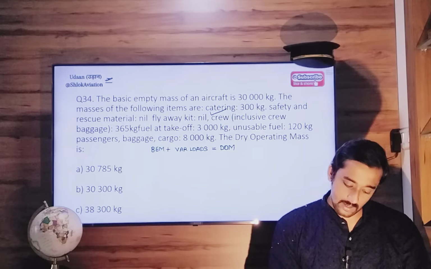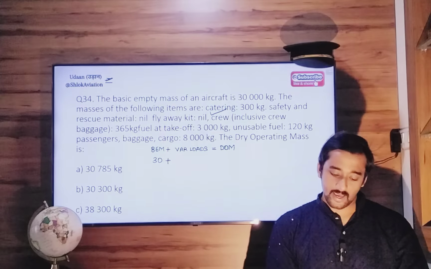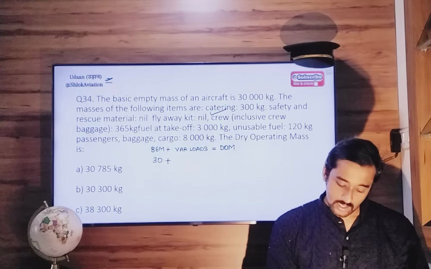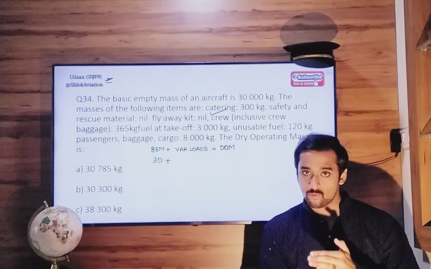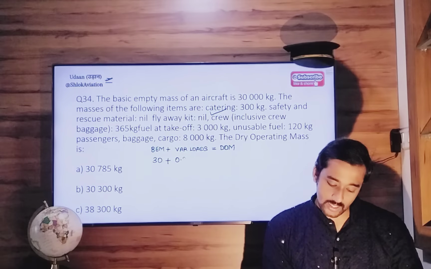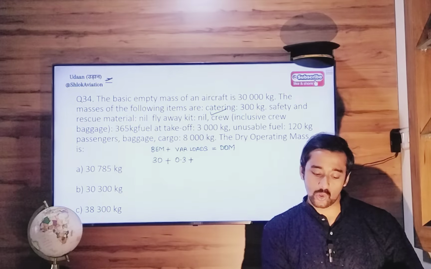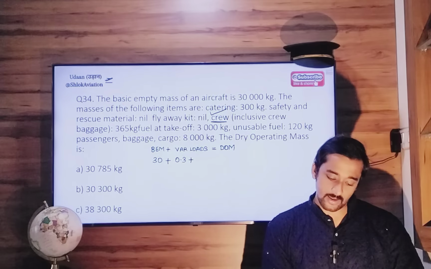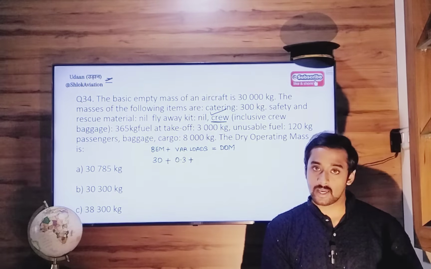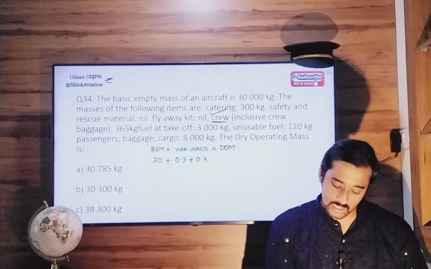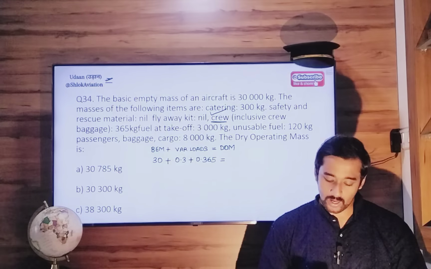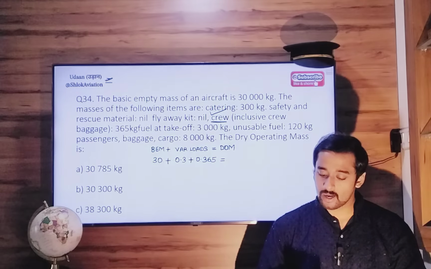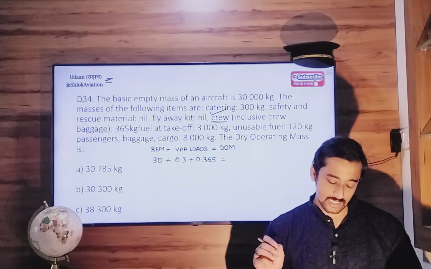What is basic empty mass? 30,000 kg. Variable load is catering first, so add 300. Instead of adding 300, I divide it by 1000 and get 0.3. You are also going to add crew weight, that is 365 kg. So 365 divided by 1000 is 0.365. So your DOM will be 30 plus 0.3 plus 0.365, which is 30,665.